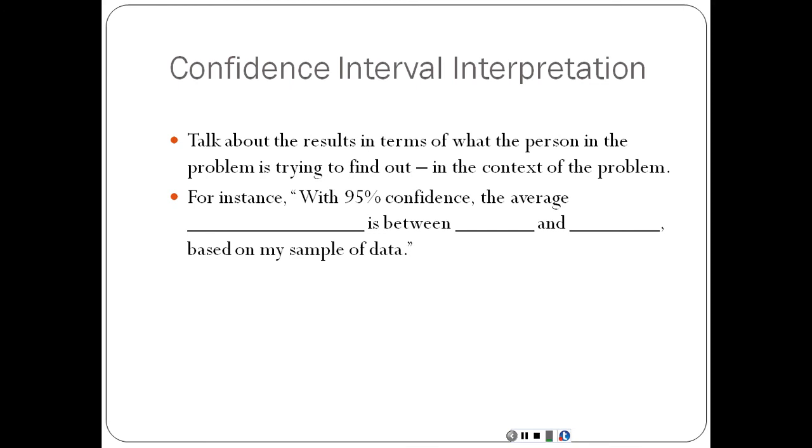Going back to the baseball example, with 95% confidence, the average percent of kids who like baseball is between 36.5% and 43.5% based on my sample of data.